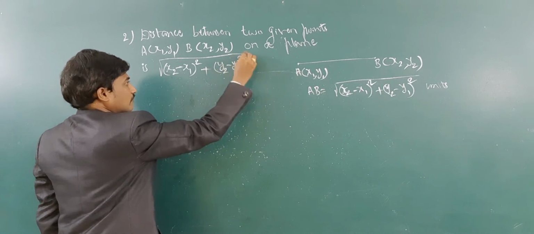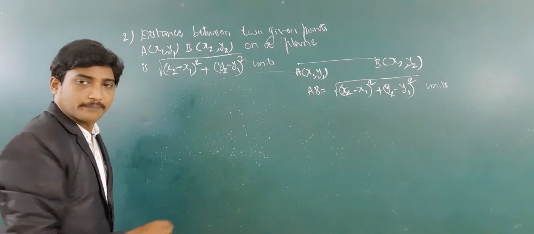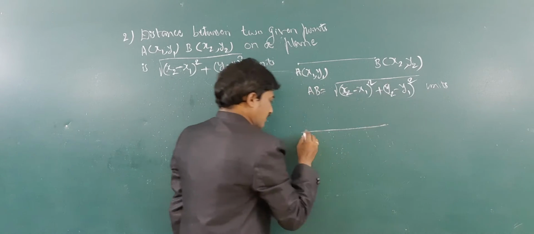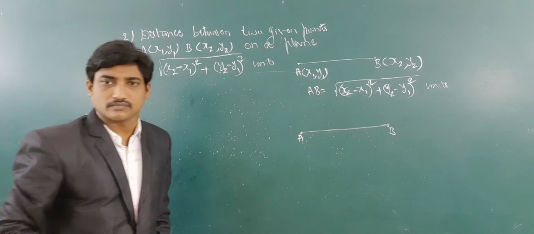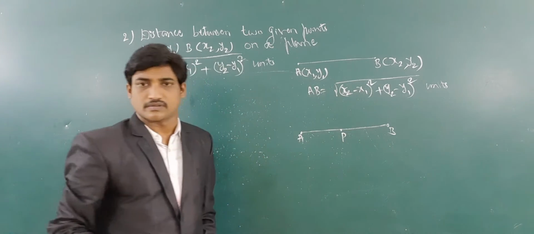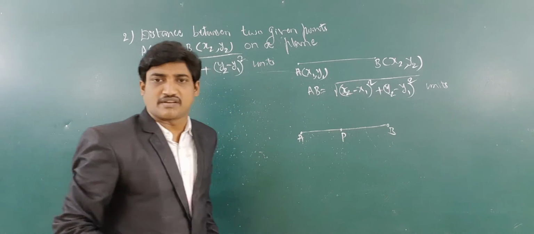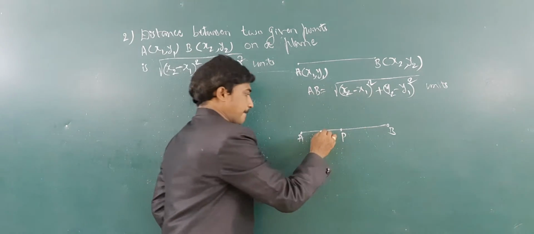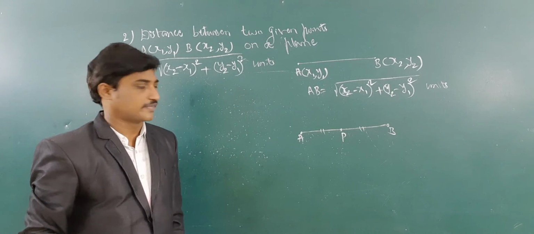Next one. There is a line segment AB and there is a point P which is exactly equidistant from A and B. Then P is called the midpoint of AB.